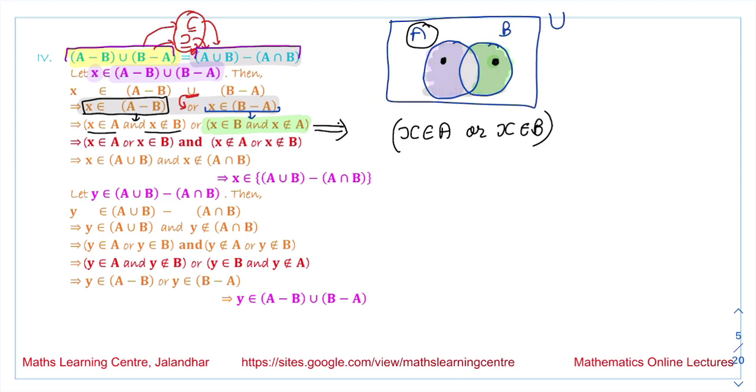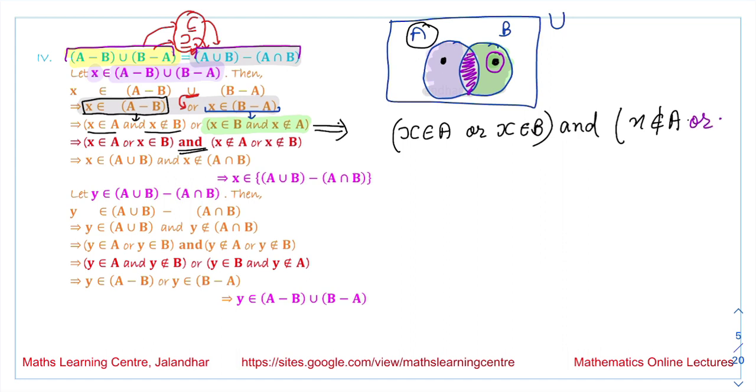And the second condition is that X does not belong to A. X does not belong to A means that when X is lying over here in B, X does not belong to this region.